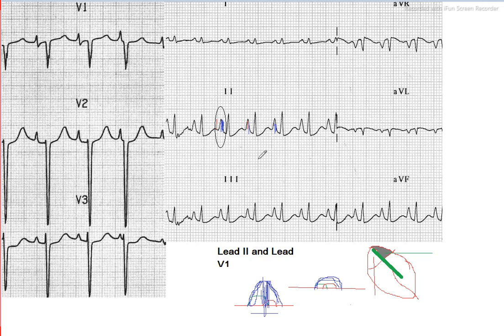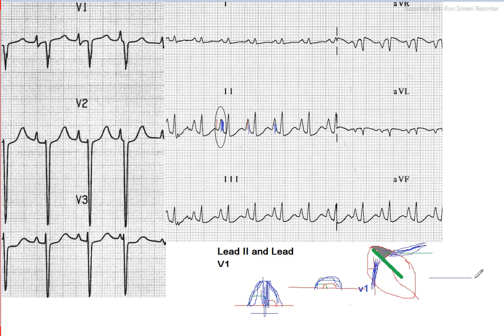Now another thing to look at is lead V1. Suppose now I put V1 here, so V1 will be somewhere here. The vector of right atrial depolarization is facing towards V1, so right atrial depolarization will be positive in V1. However, left atrial depolarization is facing away from V1.